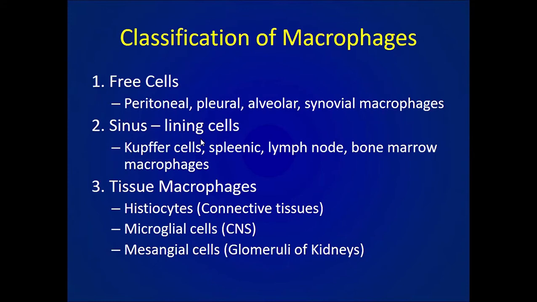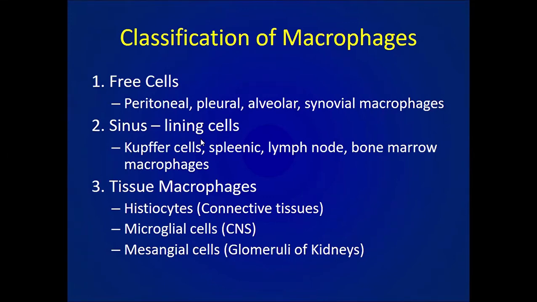So like for example, we have the peritoneal macrophages, the pleural macrophages, the alveolar, and the synovial macrophages. They are also located as sinus lining cells. So we have the Kupffer cells, the splenic, the lymph node, in the bone marrow. Please take note that the bone marrow also has macrophages.